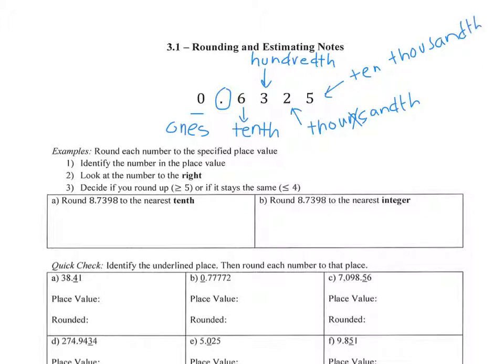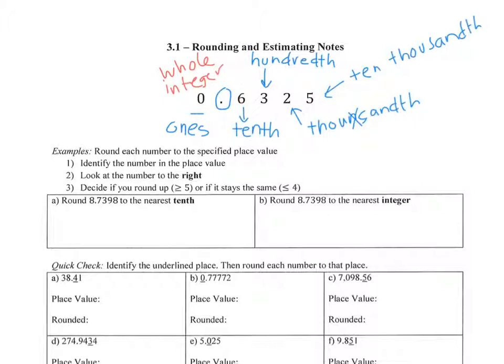So when you're rounding decimals, you have to read first what they're asking you to round to. If it says round to the nearest whole number or integer, you're going to look at the one spot. It means you don't want any decimals, so you don't want anything over here.